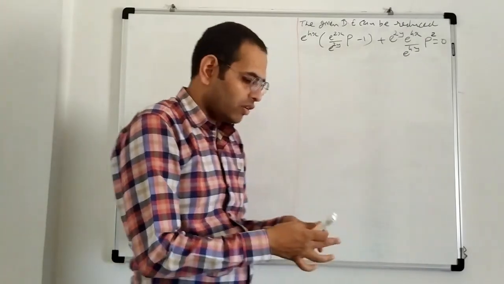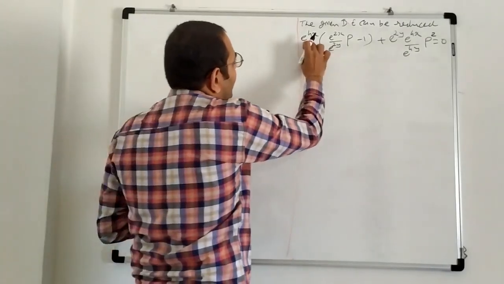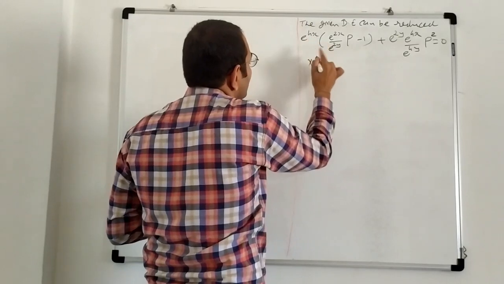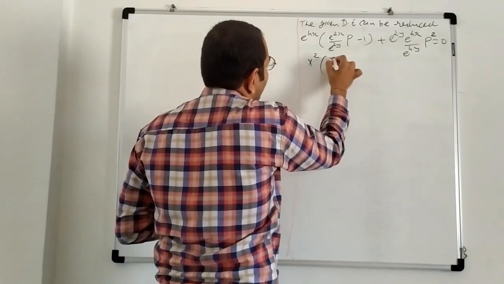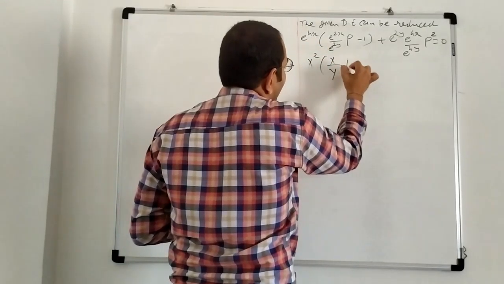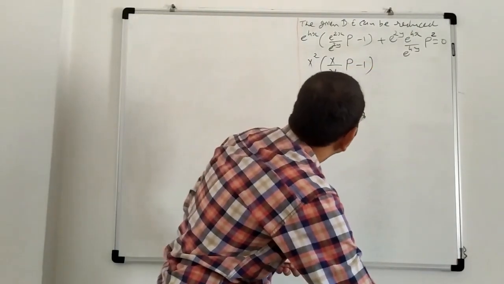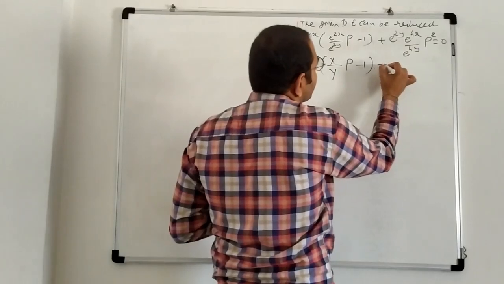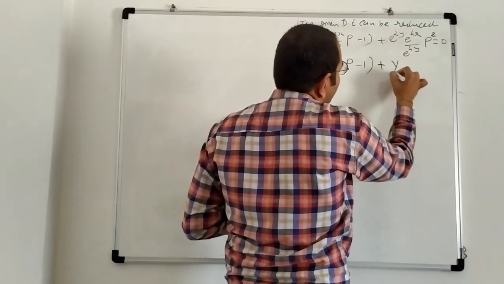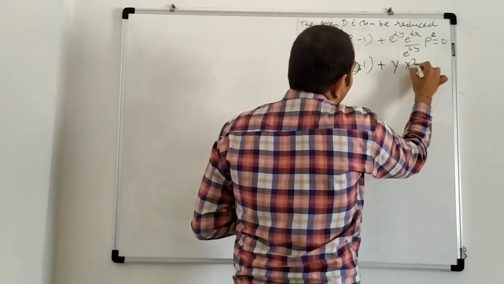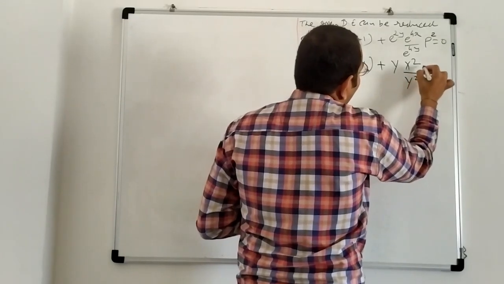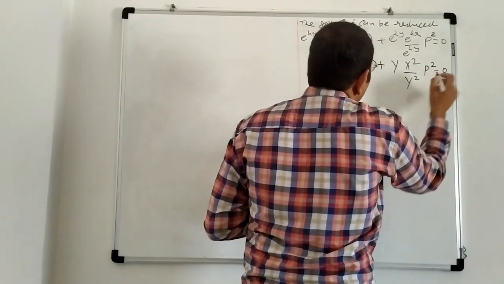In this differential equation, we replace e^(4x) as X², so X²/Y (XP − Y) plus e^(2y), which is capital Y, that is X²/Y² times P² equal to 0.